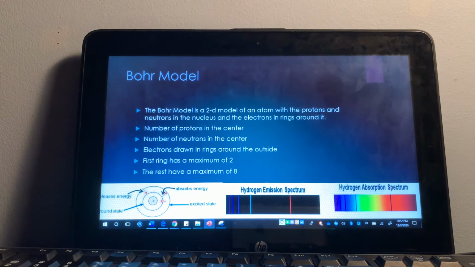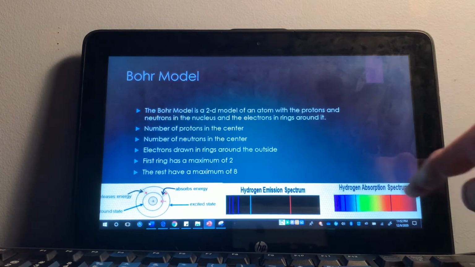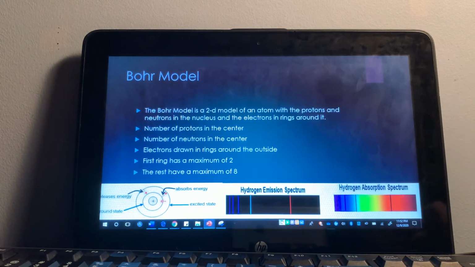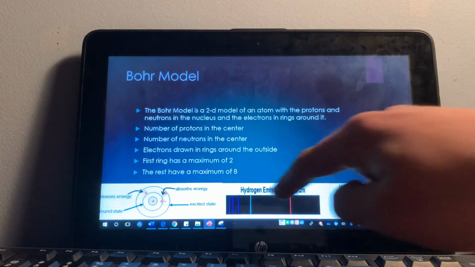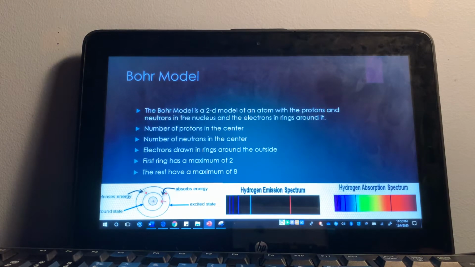He found that electrons, when you shine them through a prism in cold energy, absorb energy and get excited, and that's why they produce this over here on the hydrogen absorption spectrum. But when it's hot, it goes down to something like this on the hydrogen emission spectrum.